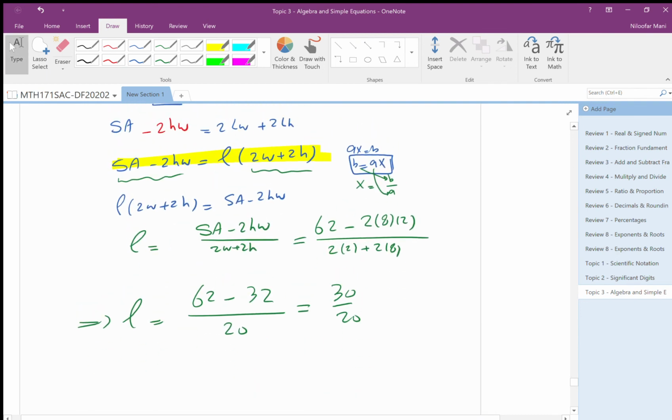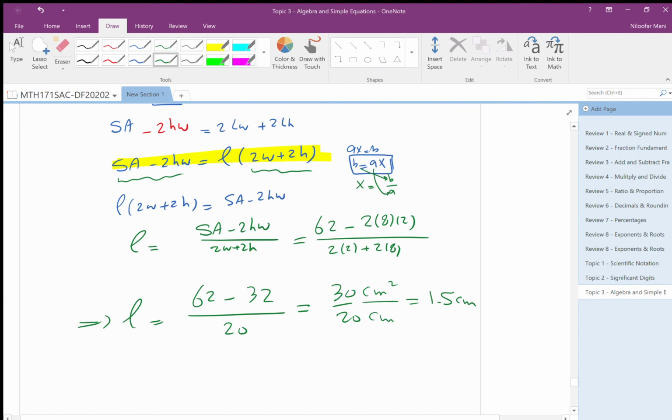So it is centimeter squared over 20 centimeters, which is 1.5 centimeter. And remember, units don't go anywhere. I cannot remove them, I cannot eat them. I have to have them, and maybe I have to cancel them, and here I can cancel them. The surface area is centimeter squared, so I do centimeter squared divided by centimeter.